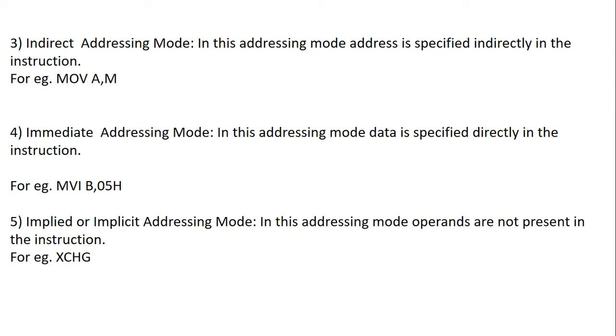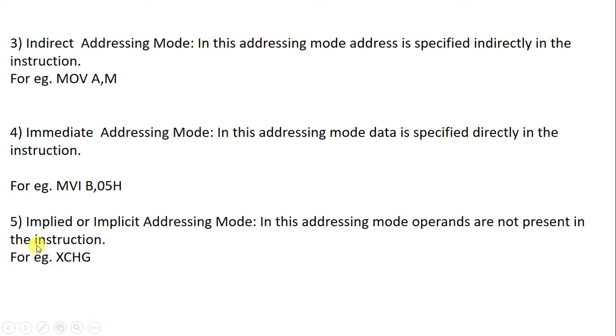MVI, LXI are some examples of this. If I write MVI B, 05H, that means 05 is the data which will be copied into register B. So move immediate the data which is present in the instruction, 05H, should be copied into B.